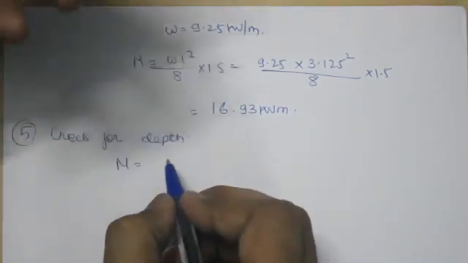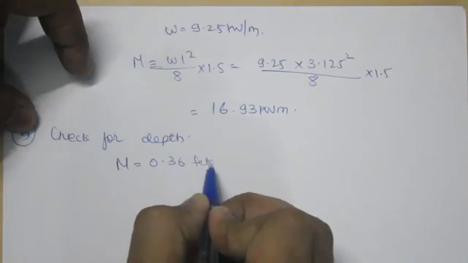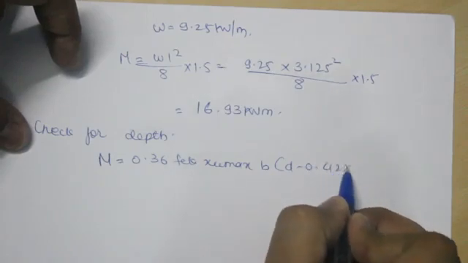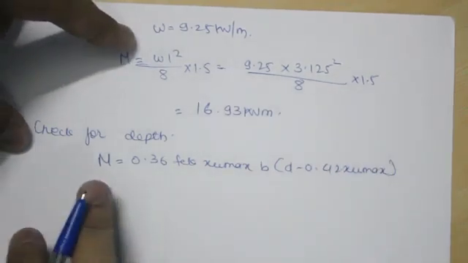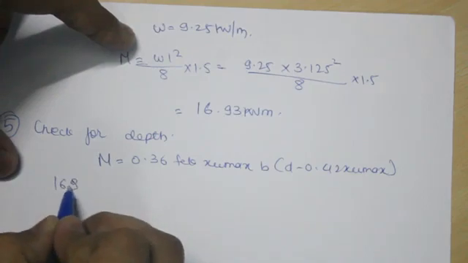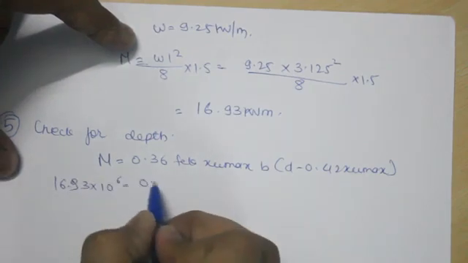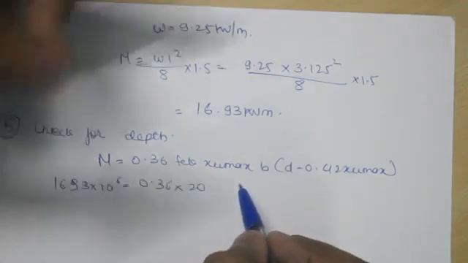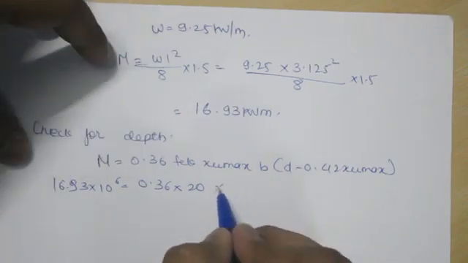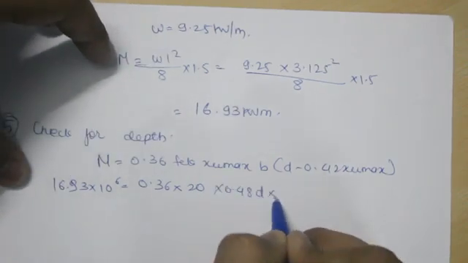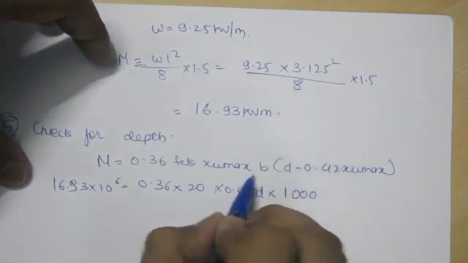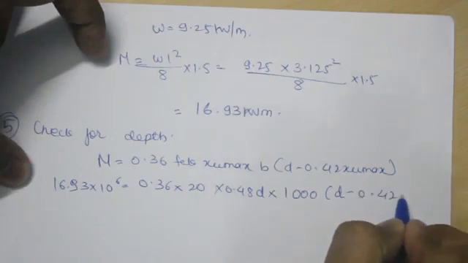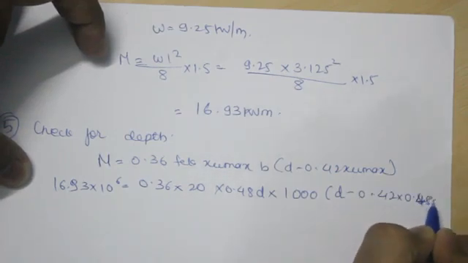We will use the formula for singly reinforced beam, 0.36 fck Xu max b (d minus 0.42 Xu max), M is 16.93 is equal to 0.36 multiplied by 20, and Xu max would be 0.48 because the steel is Fe415, 1000 because we assume a unit width of the slab, (d minus 0.42 into 0.48 d).